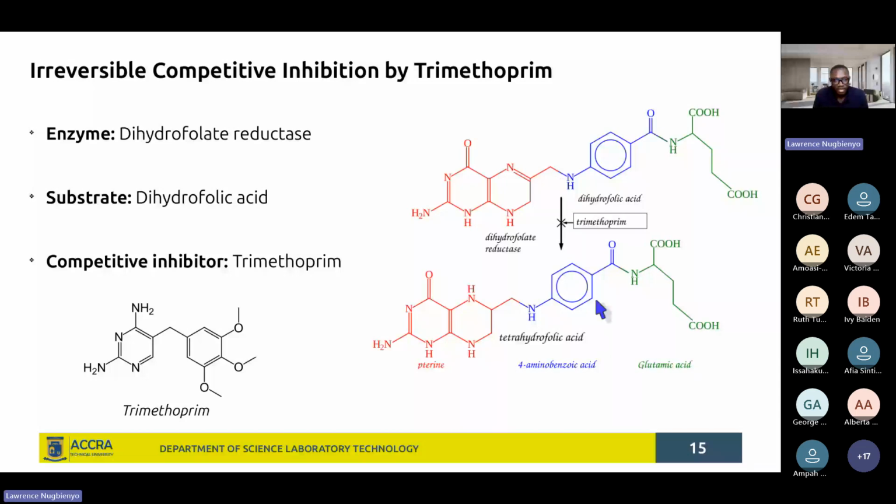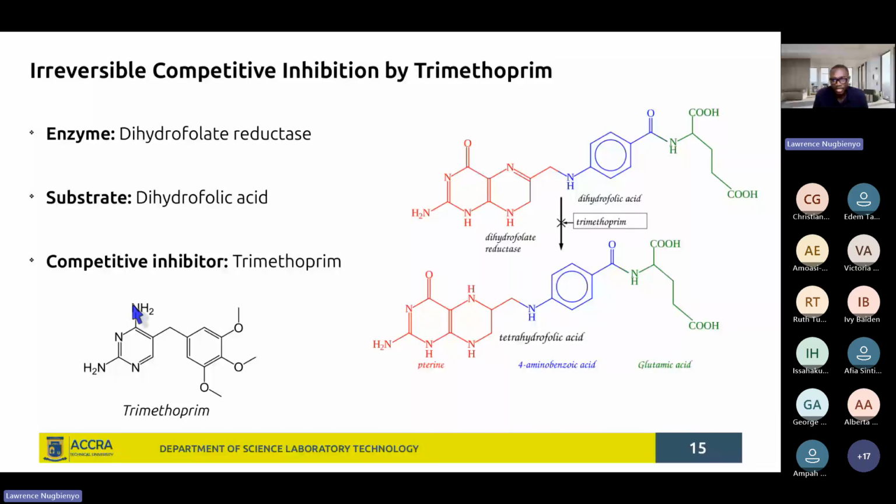And if you look at the structure of trimethoprim, also not so much similar, except you can see the first ring. There's some amine group there. The nitrogens are there for the first ring, but in place of that double bond O, for the dihydrofolic acid, you have another amine group there.